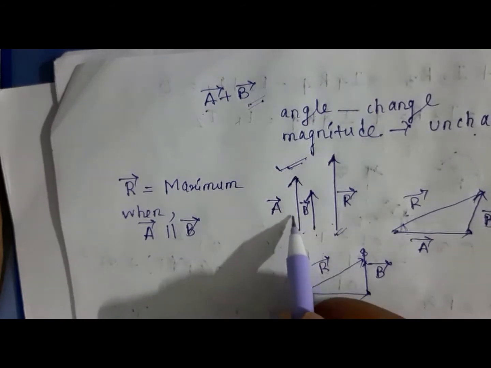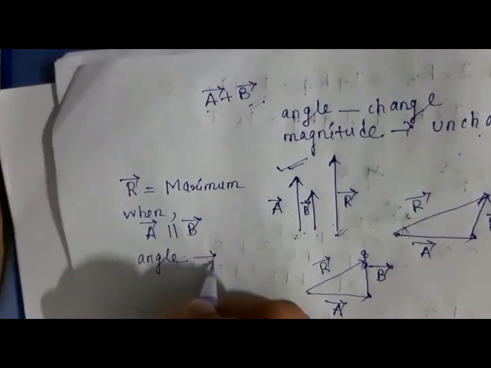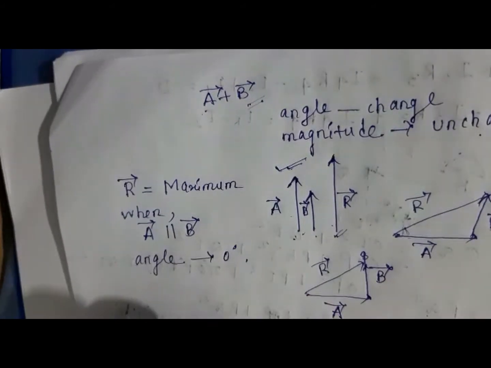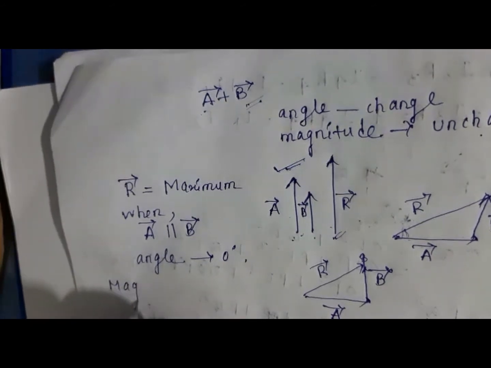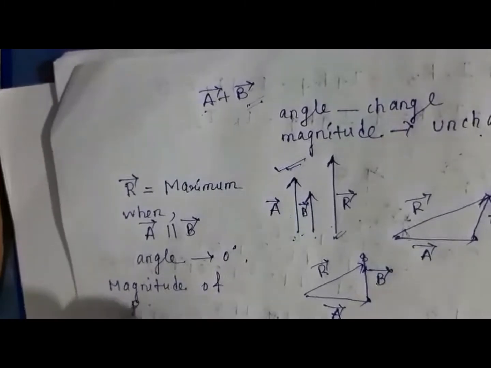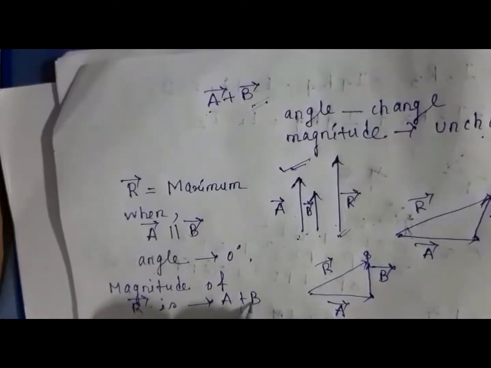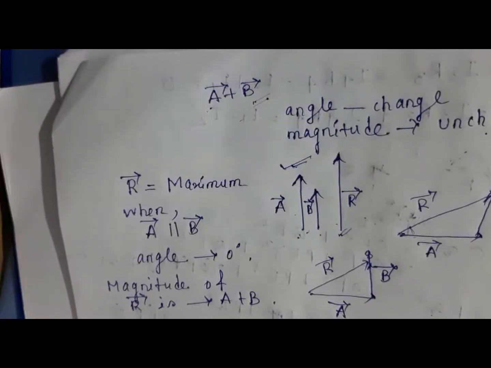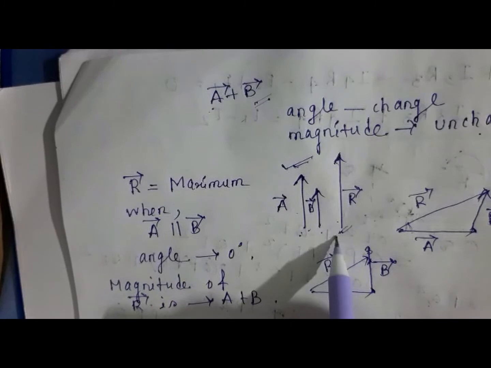And the angle between A and B is 0 degree. Alright, it is 0 degree, and the magnitude of R is A plus B. Okay, because as you see, your R is maximum for this case.